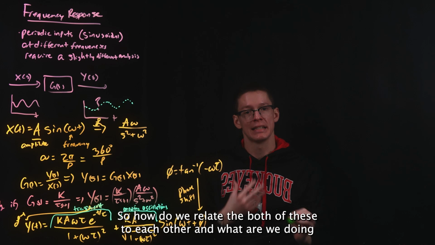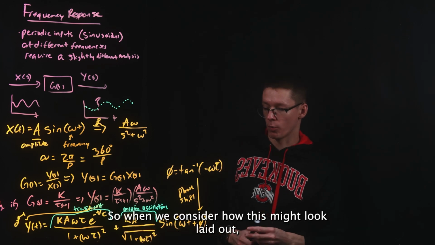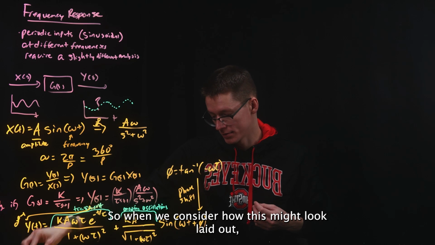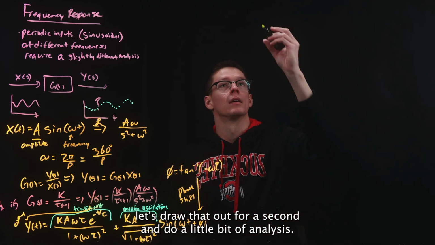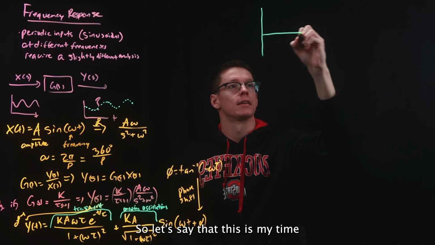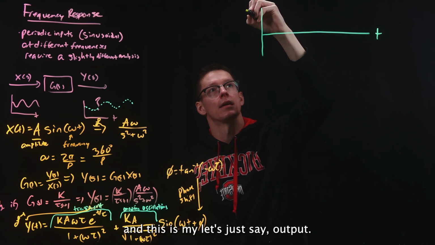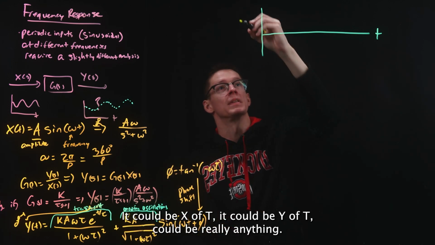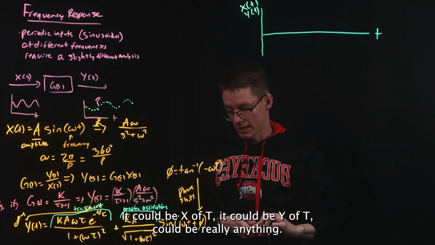So how do we relate both of these to each other, and what are we doing to look in between them? So when we consider how this might look laid out, let's draw that out for a second and do a little bit of analysis. So let's say that this is my time, and this is my, let's just say output. It could be x of t, it could be y of t, it could be really anything.